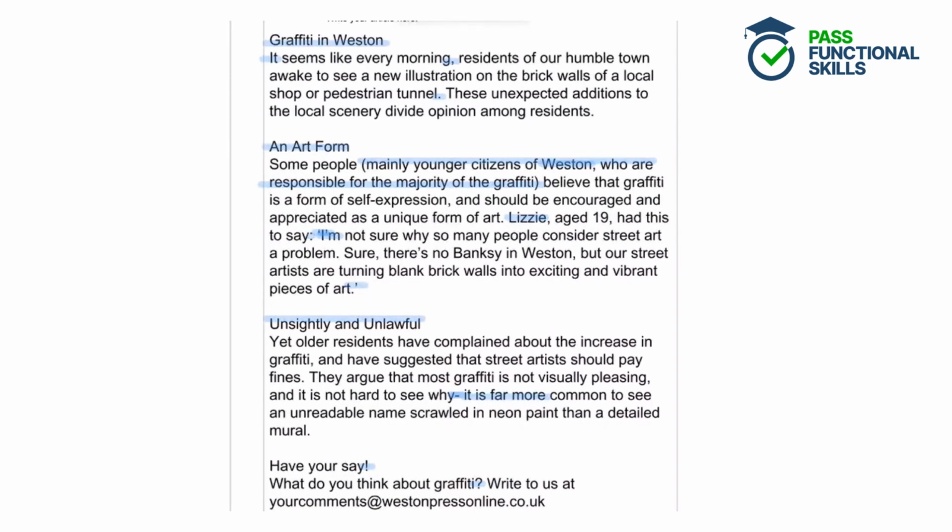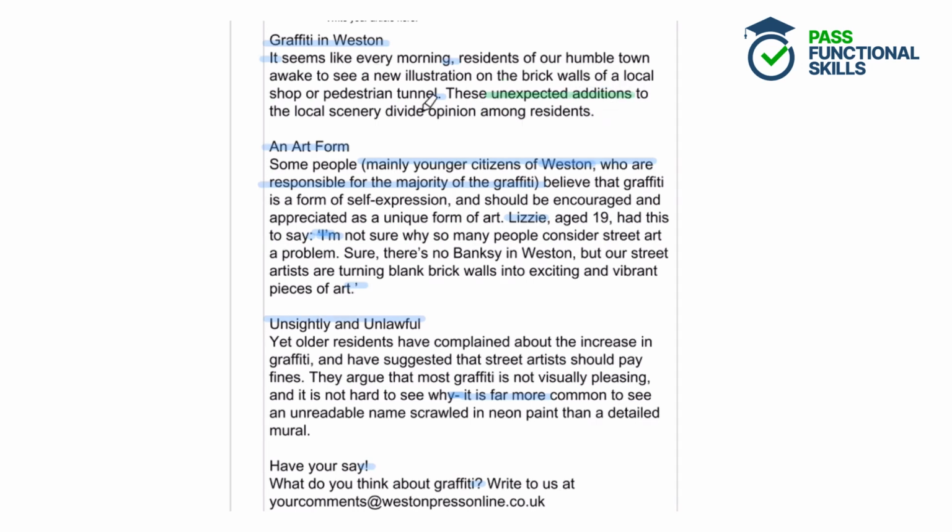The grammar in this answer is also very strong. So in your answers, you need to make sure that everything makes sense and all of your nouns and verbs are matching up properly. So we have, for example, unexpected additions that have been mentioned here, and additions is a plural. So multiple additions, not just one.